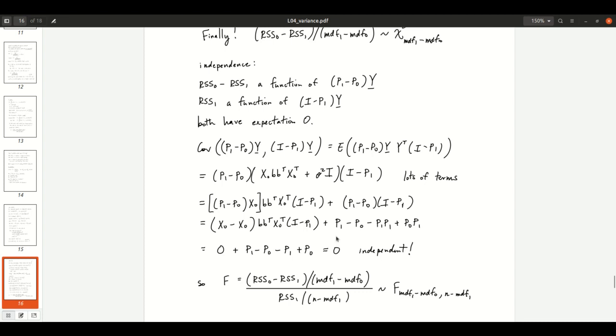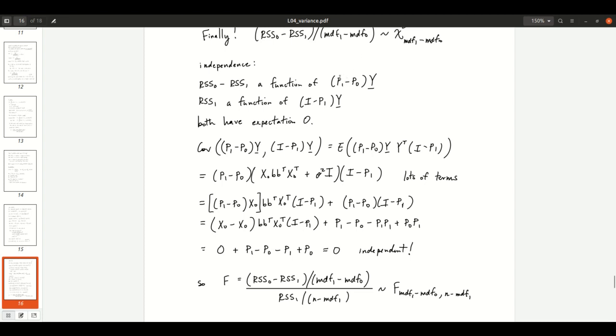And then this one is going to be P1 minus P0 minus P1 times P1 plus P0 P1, and we already checked this. P1 times P1 is going to be P1. And we already showed before that P0 P1 is P0. So we end up getting P1 minus P0 minus P1 plus P0, which is 0.